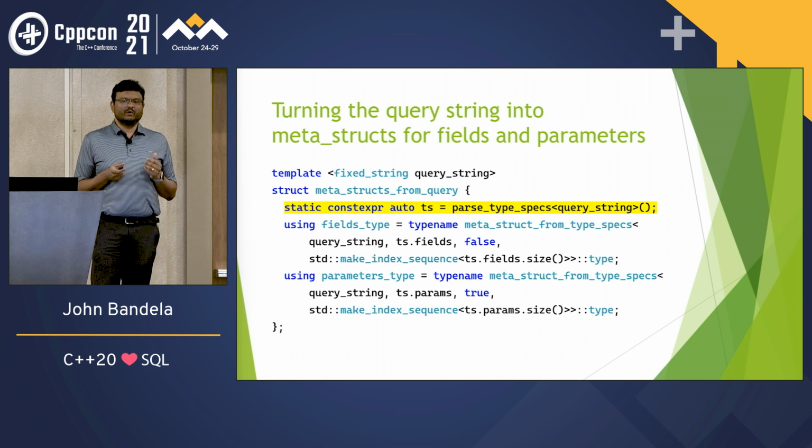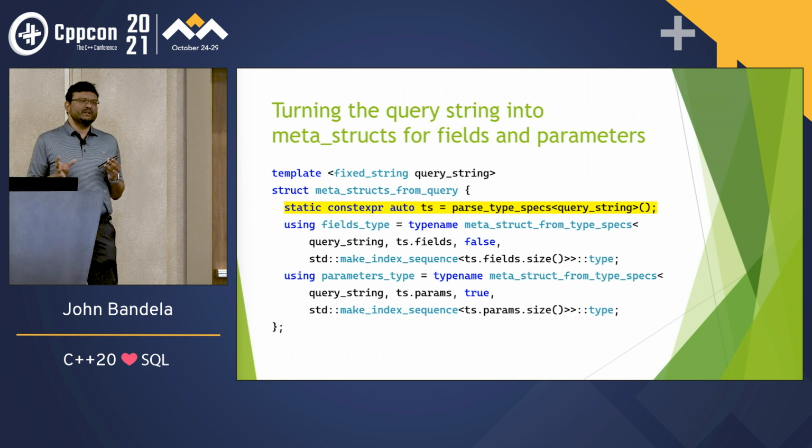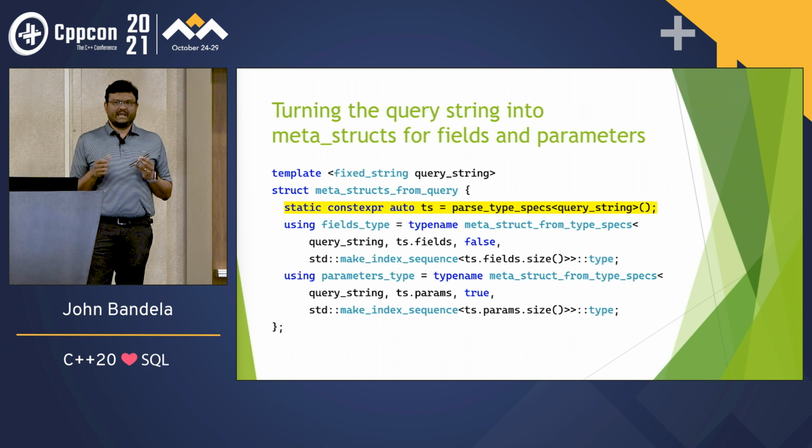So the first thing that we're going to do is parse the type specs from the query string. We have the whole query string, and the type specs are the ones that tell us, hey, what's the name of this type, what's the name of the field, what'll be the type, is it optional or not?